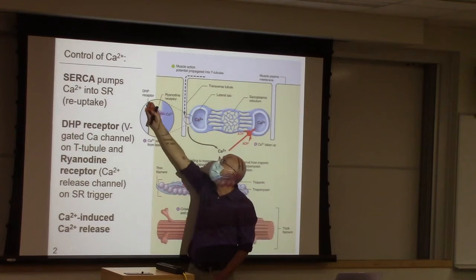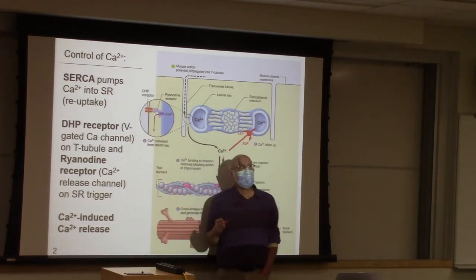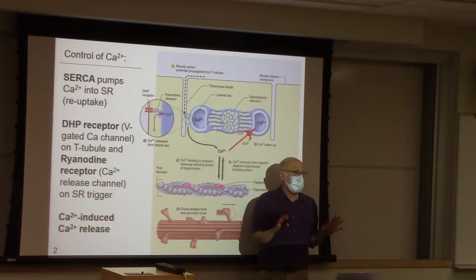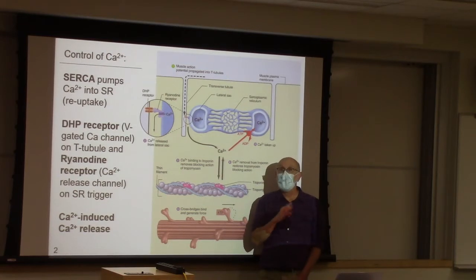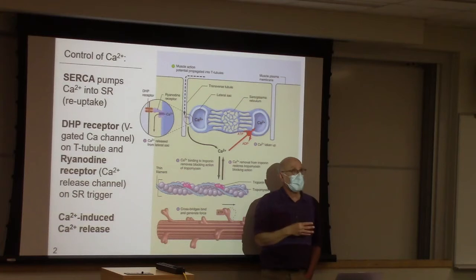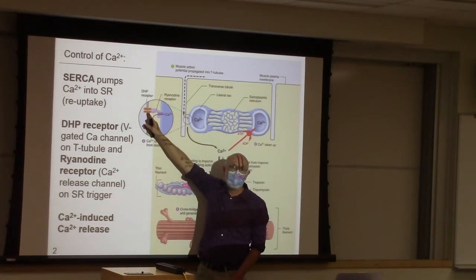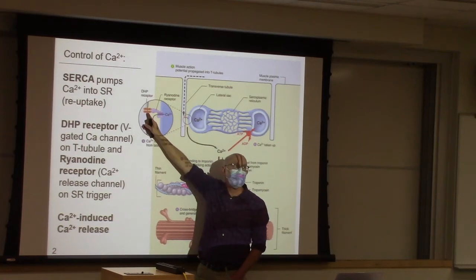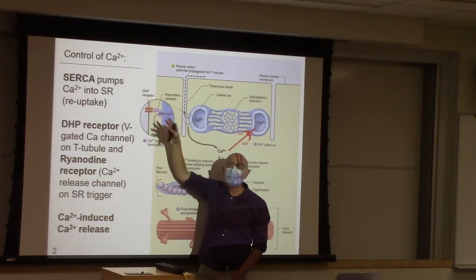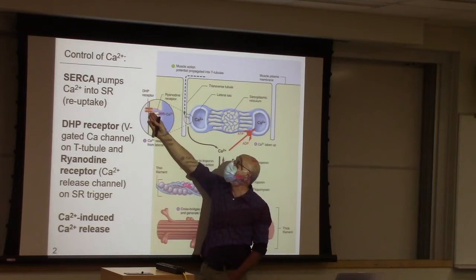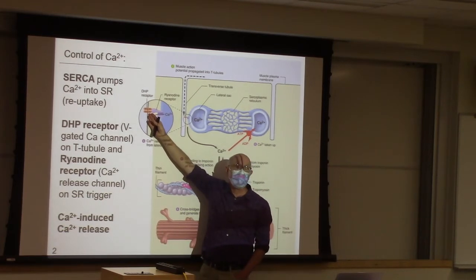Just to be clear, why do they call it a DHP receptor? DHP stands for dihydropyridine. You don't have to know this. Dihydropyridines are a class of drugs. There are drugs that interact with this protein. And so this protein is the receptor for that class of drugs. And so a pharmacologist would call this protein the DHP receptor.